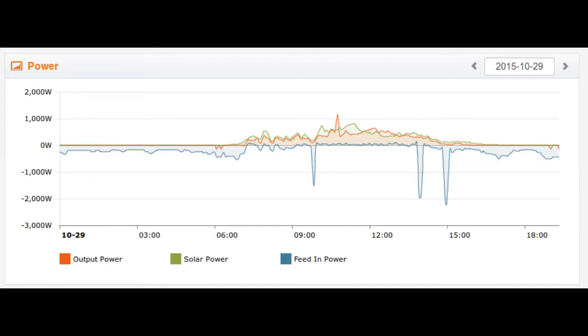So again, a bit more is trickled into the battery, and then a bit later on we need a bit more than the solar's available, so it would have dug into the battery, and then the sun level drops and drops and drops, and you get a couple of spikes where we're pulling in a lot of energy towards the end of the afternoon, and that again, probably the dishwasher, you usually get two spikes, one where it's heating water for the wash cycle and another where it heats water for the rinse cycle, and there's not enough solar energy to meet that demand, so that's all coming from the grid.